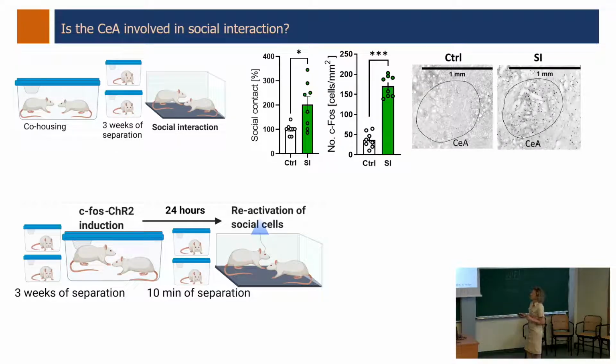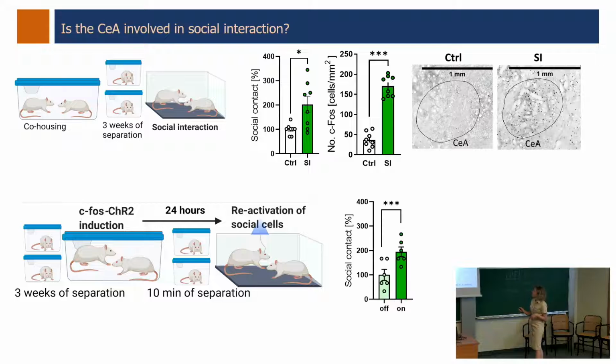So on the next day, we just reactivated the cells that were involved during this social interaction. And we saw that this reactivation resulted in increased social contact. So at this point, we knew that indeed these cells are important for social interaction. Manipulating these cells, we can affect how the animals interact with each other.